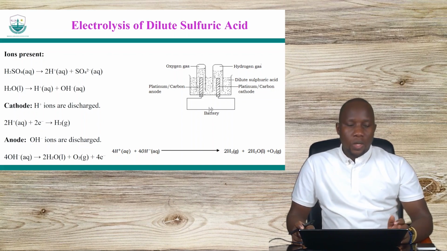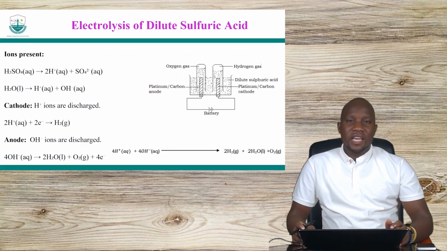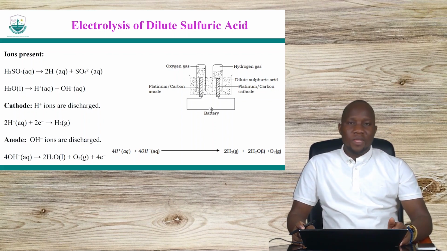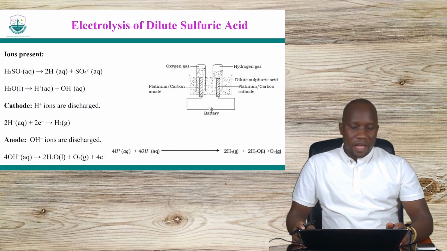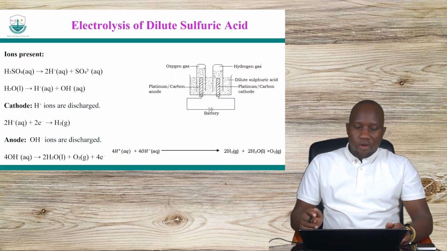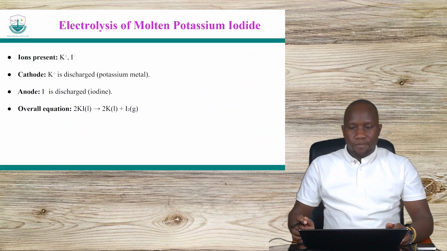Since you only have the positively charged ions as the hydrogen ions, they really want to be discharged, so you will have hydrogen gas, and then the sulfate and the hydroxyl ions competing there. You will have the hydroxyl ions actually getting discharged, and the overall equation is that there.